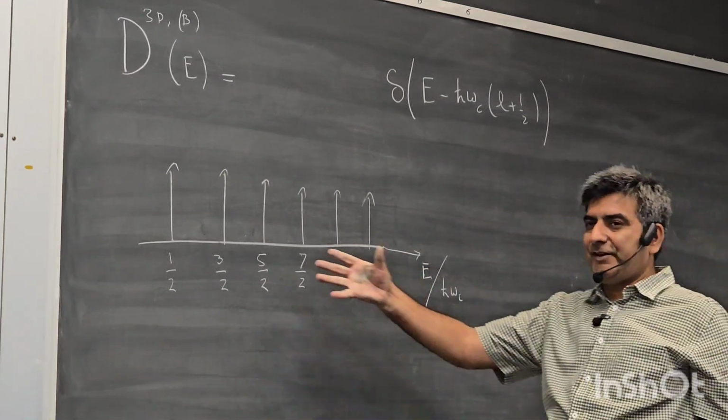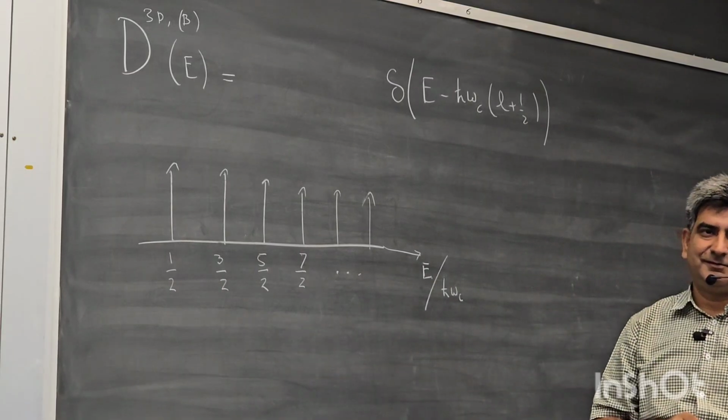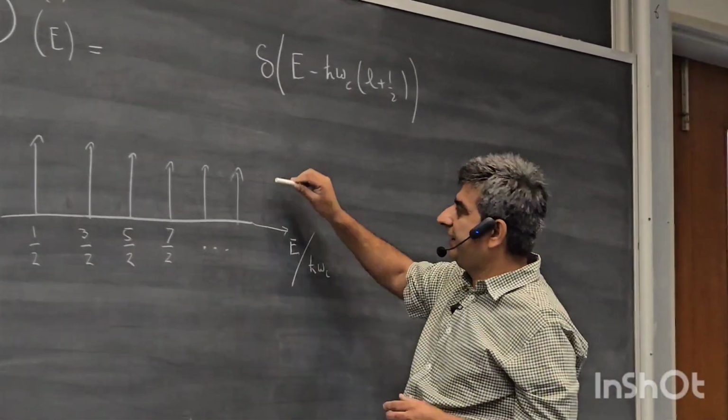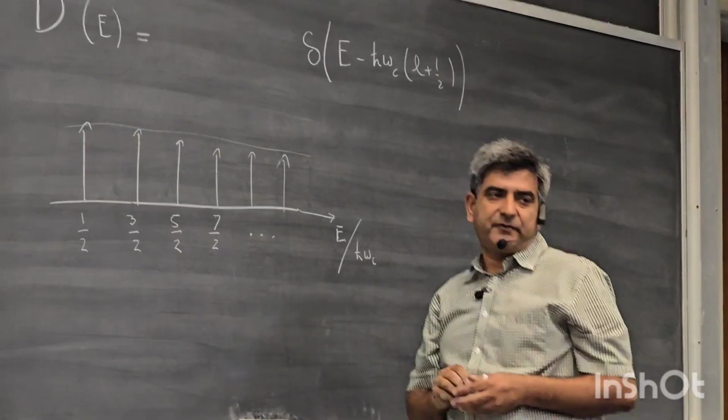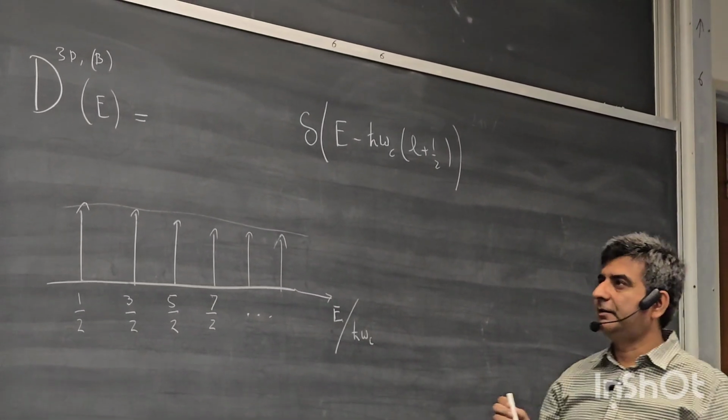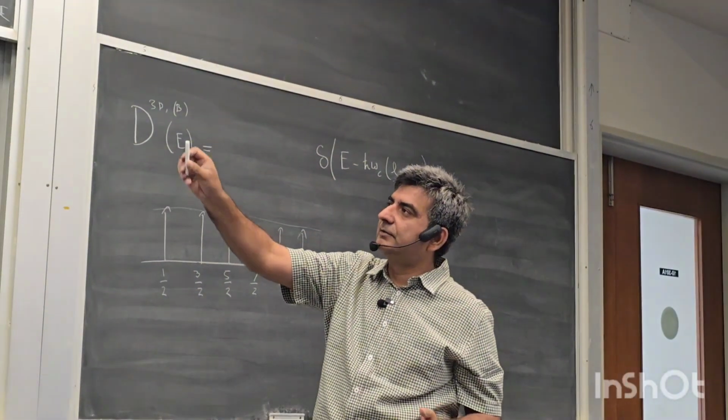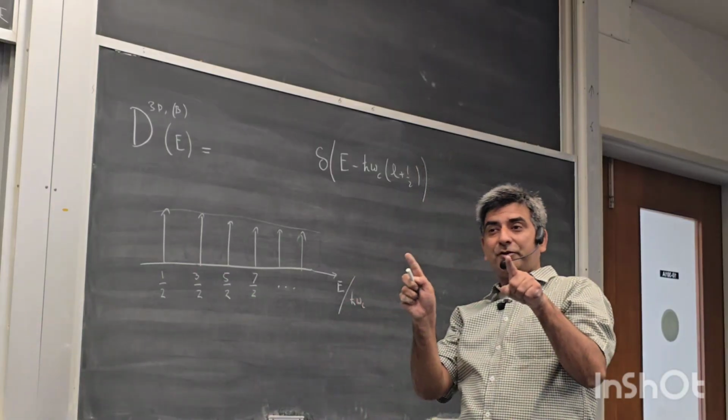And the degeneracy of each of these levels would be the strength of each Dirac delta function, NL, which I've written over there, which will depend upon the magnetic field.